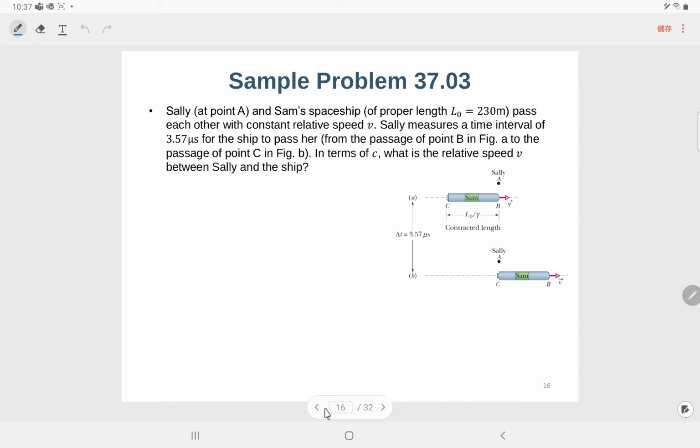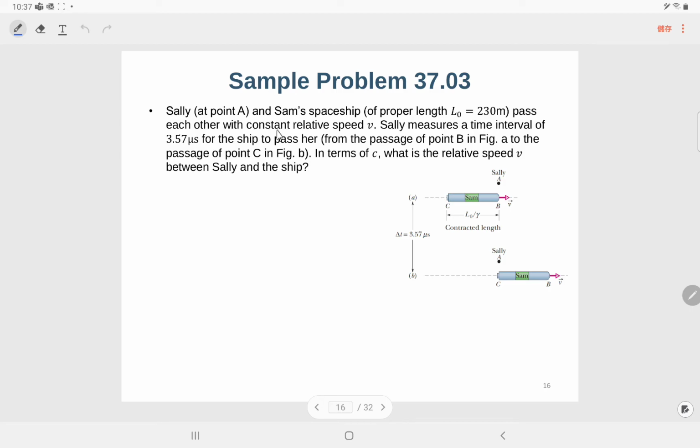So let's see a sample problem. You may have more idea about this one. Here we have Sally at point A, and Sam's spaceship passes Sally. Sally is stationary there, and Sam's spaceship has a proper length, which means that if it does not move and we measure the length of this spaceship, it is 230 meters.